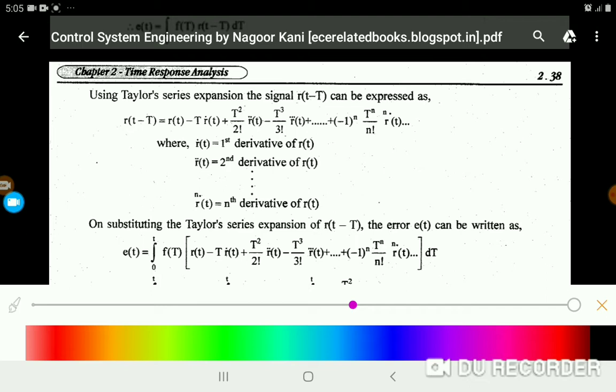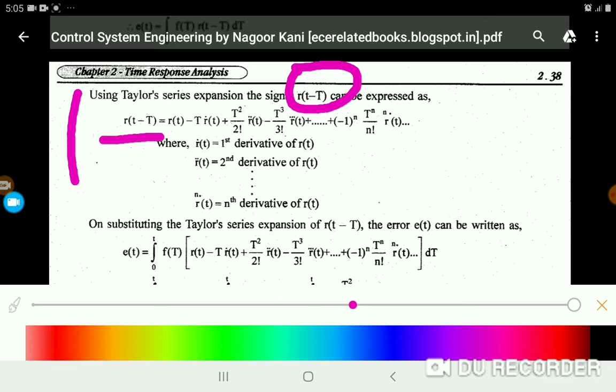Then it is convenient for you to understand. Now we are using Taylor's series expansion of the signal for R of small t minus capital T. First we will see the general expression, then we will apply it to the E of t expression of our case.